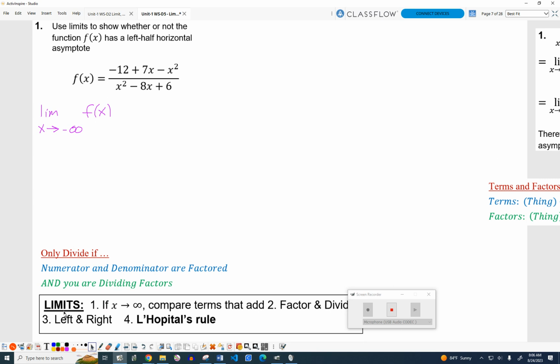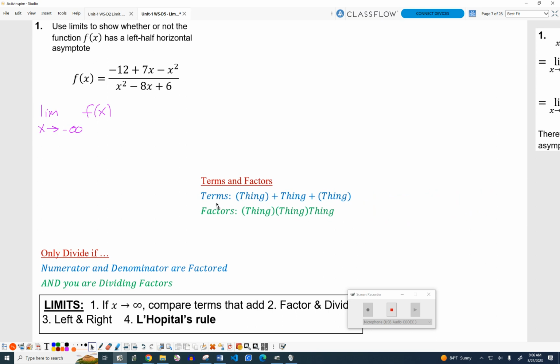There's a sign on the wall. The student's name was Amanda Lindstrom. She was kind enough to make that sign for me. She made the sign because it made a huge difference for her. She was really struggling with limits and actually a lot of other concepts until it just suddenly clicked one day that whenever I was talking about terms, I was just saying it was a thing plus a thing plus a thing in her language.